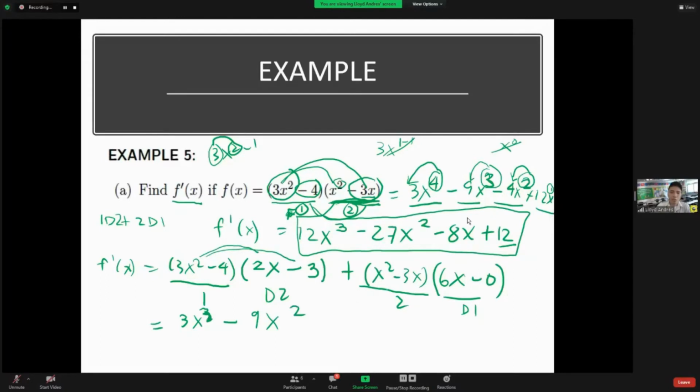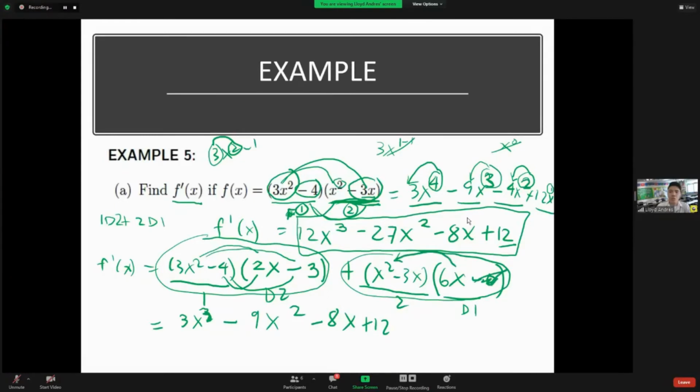And then kani, minus 8x. And lastly, that's plus 12. Diri pa lang na. And kaning 6x minus 0, pwede na nawala si 0. 6x na lang. So si 6x na lang atong i-distribute pasulod.